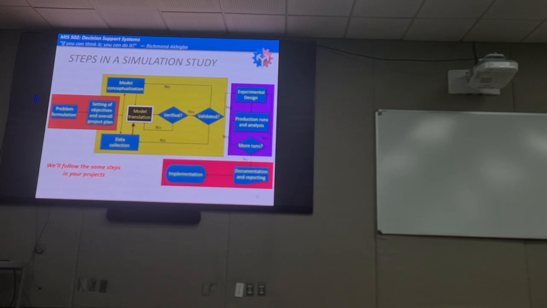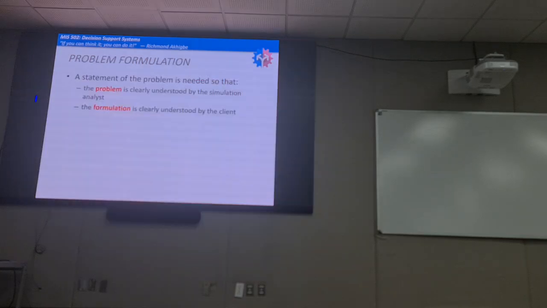The whole way of doing the simulation study: problem formulation, model conceptualization, problem objectives, data collection, and all those things. Now, in all these, I'm going to spend time on problem formulation and model conceptualization. Okay, so the problem is a statement that needs to be made.